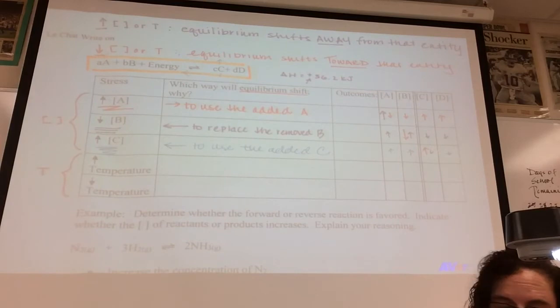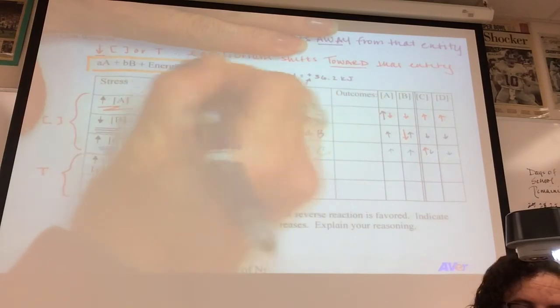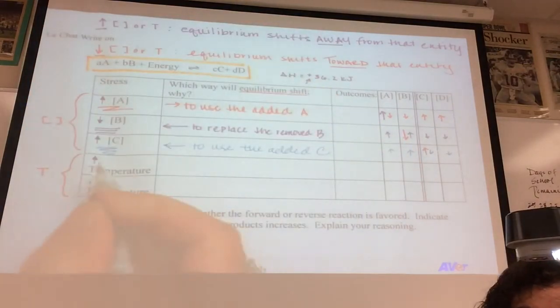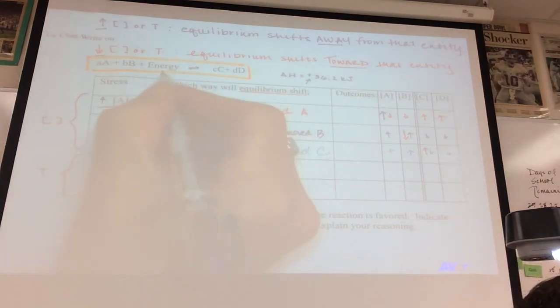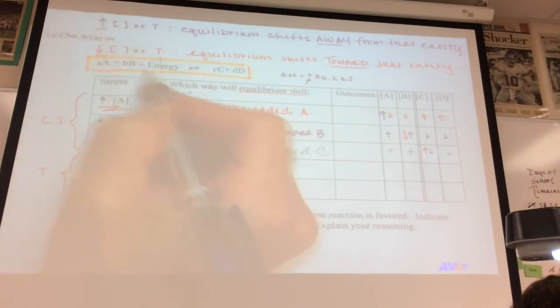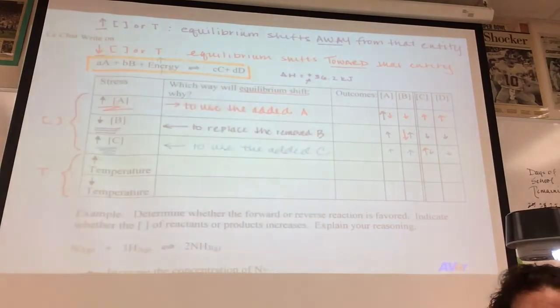In regard to the interpretation with temperature, it is grossly similar to what you see in regard to concentration. So if I increase temperature, I'm going to feed in right here. Anytime I increase, I shift away from that entity. Energy's on the left.